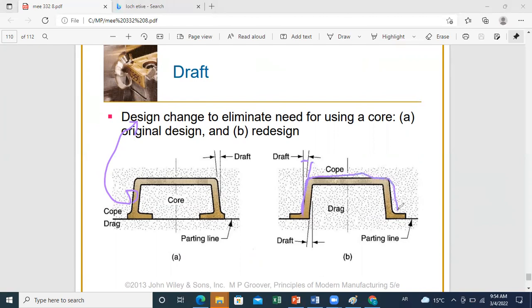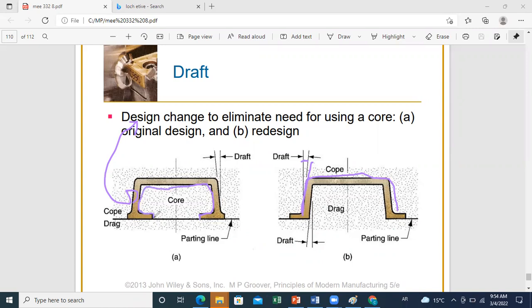Now we can also use some strategies. For example, here in this figure, we are eliminating the need for a core by just doing a redesign of the cope and drag parts. If you want to have these internal surfaces, which are a little bit complex, you need a core to create this internal shape.